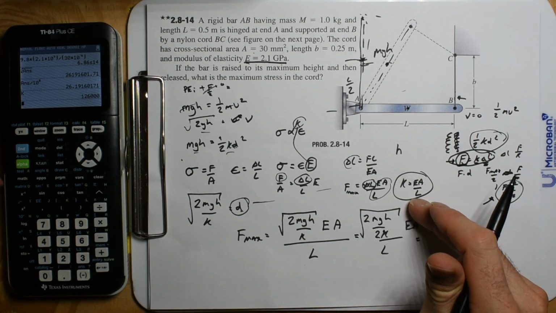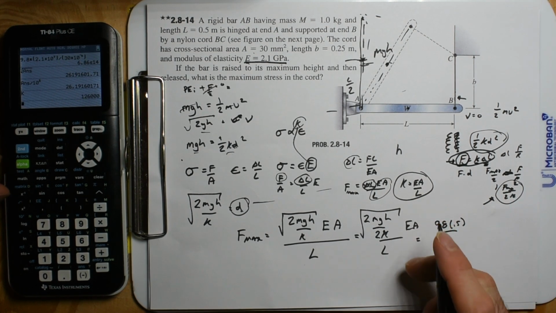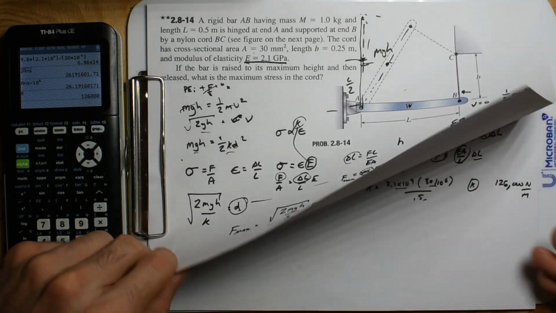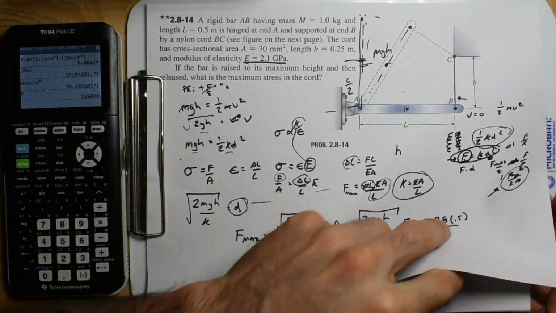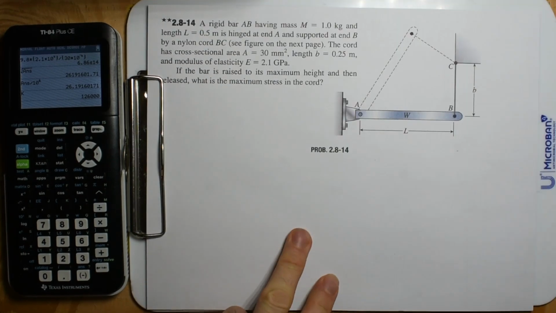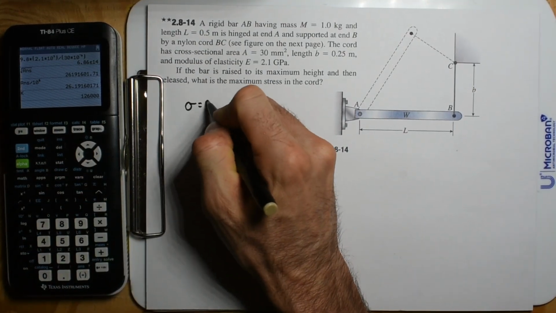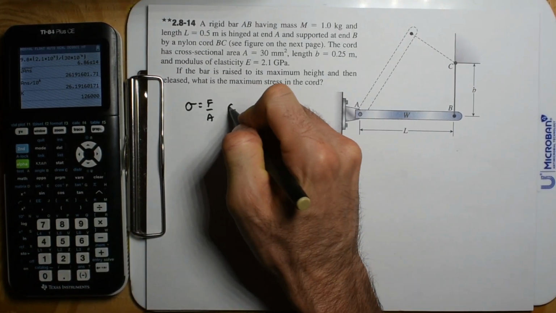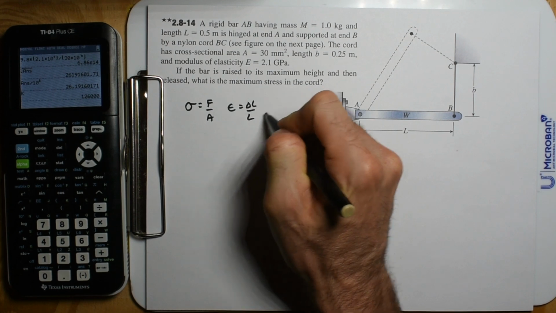And now we need to... Where's our equations? Do we have one more? Can we do this one more time? Alright, last time. So strength is force over area. Stretch is change in length over length.